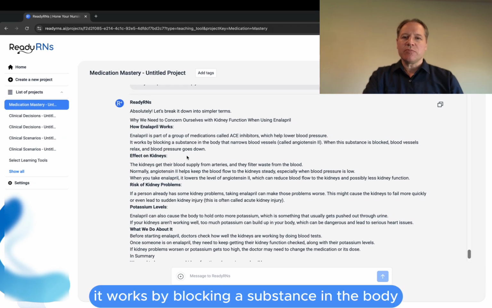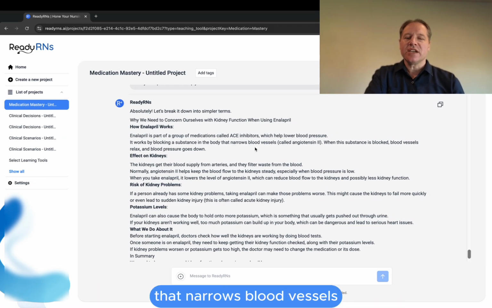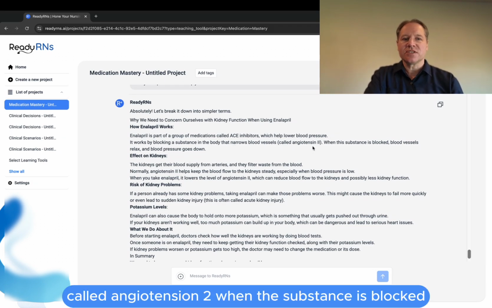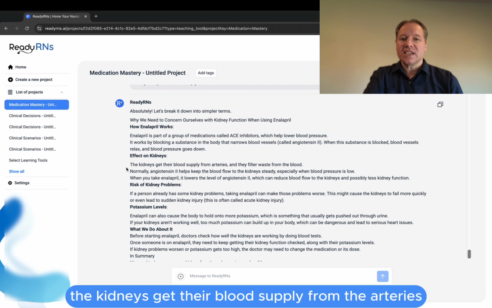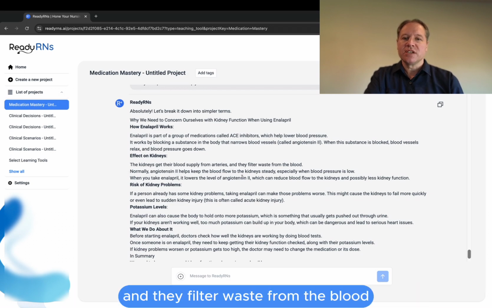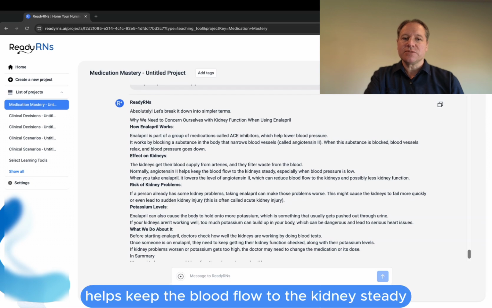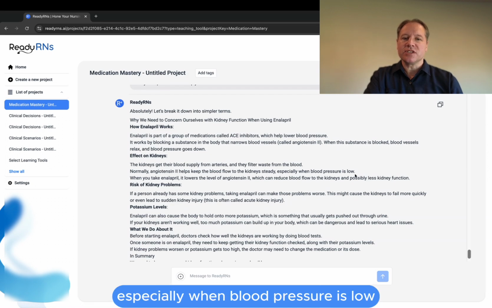So it says it works by blocking a substance in the body that narrows blood vessels called angiotensin 2. When this substance is blocked, blood vessels relax and blood pressure goes down. The kidneys get their blood supply from the arteries and they filter waste from the blood. Normally, angiotensin 2 helps keep the blood flow to the kidneys steady, especially when blood pressure is low.